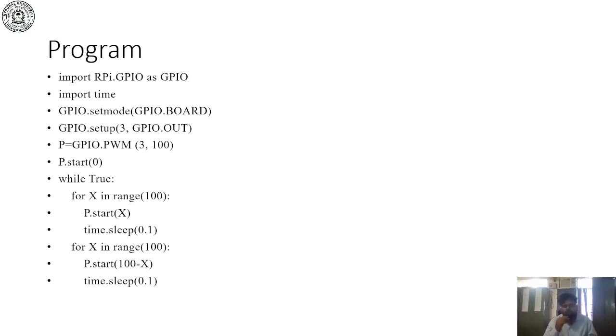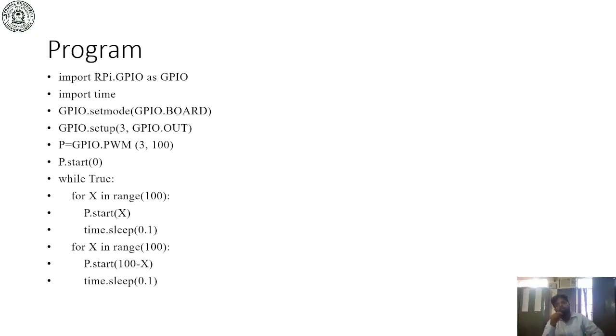Now I have used a variable p, in which p is equal to GPIO.PWM(3, 100). Here 3 is the board pin number and 100 is basically a percentage. Basically 100% means maximum brightness of the LED.